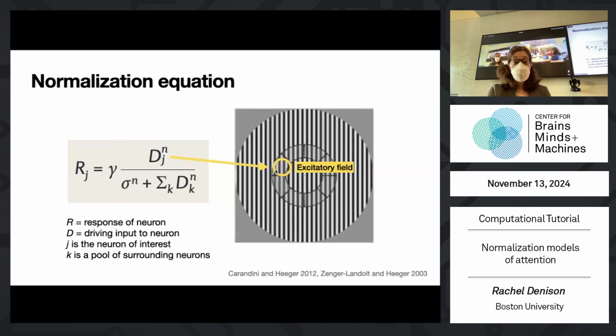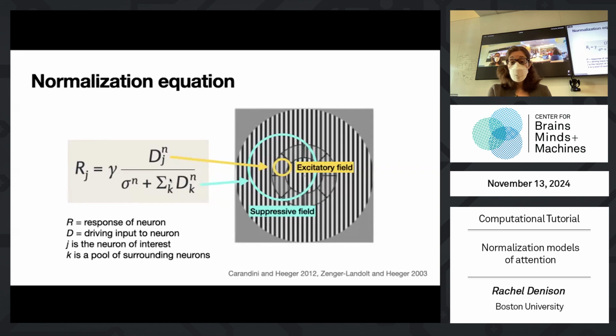Now let's look at the K, these surround neurons. Let's say these are a bunch of neurons all around here, tiling this larger field. We're going to call this the suppressive field for this neuron J, consisting of all these other K neurons surrounding it. So the excitatory, stimulus-driven activity from the excitatory field is going to drive the numerator, and everything else around it is going to drive the denominator. So if there's more contrast in the surround, the denominator is going to get bigger, and there's going to be more suppression.